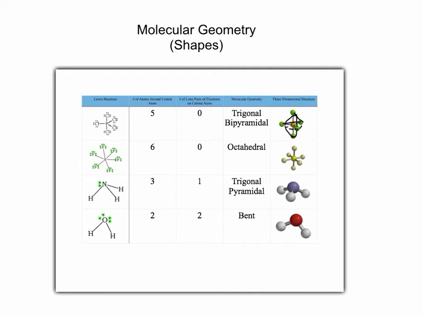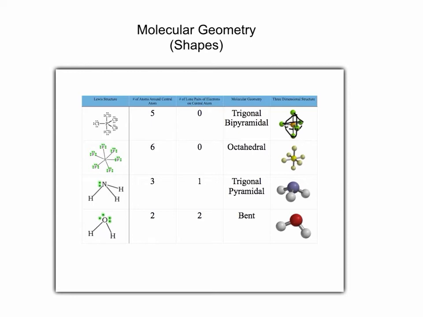The last of the simple base shapes has 6 atoms around the outside with 0 lone pairs on the center atom, and this is called octahedral. We can think of this almost as 2 tetrahedrons stacked on top of one another.